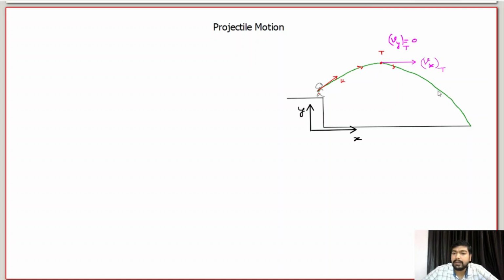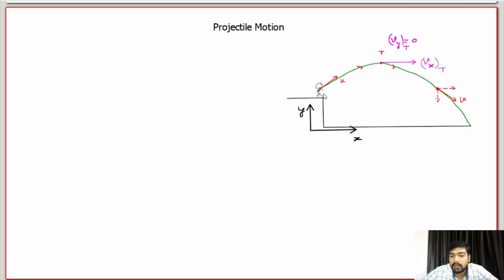Let's consider one more point to see what is happening there. At this point, the direction of velocity will be along the trajectory, like this. Let's call this velocity v. Here, the velocity can be divided into one component in the y direction and another in the x direction.